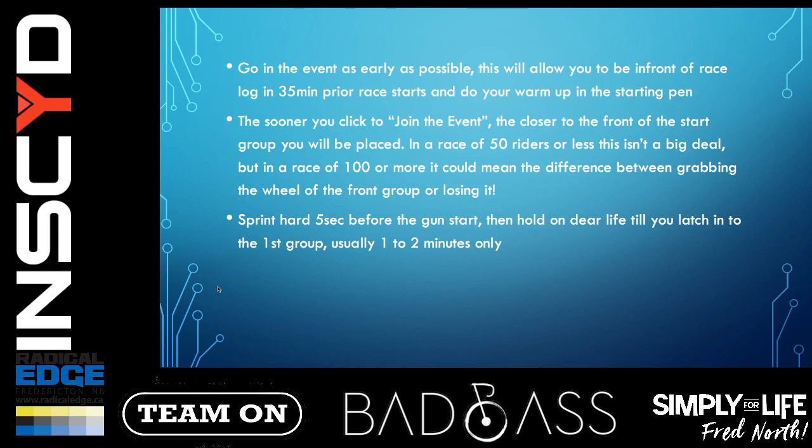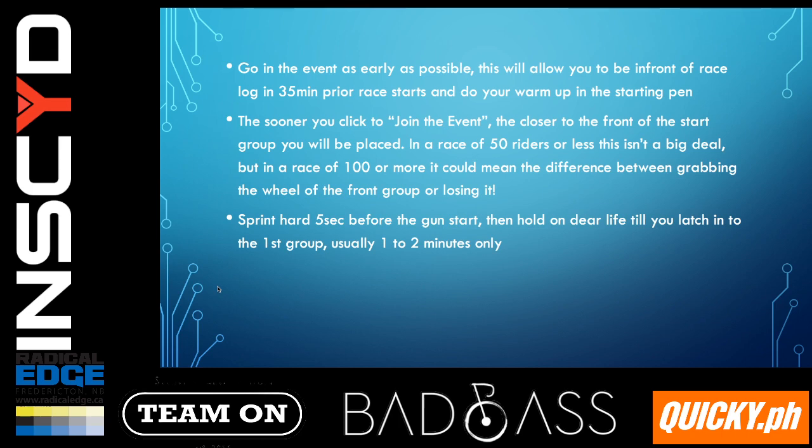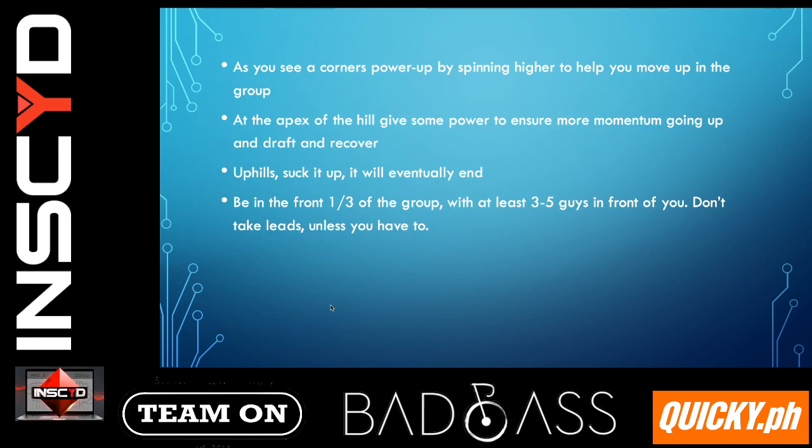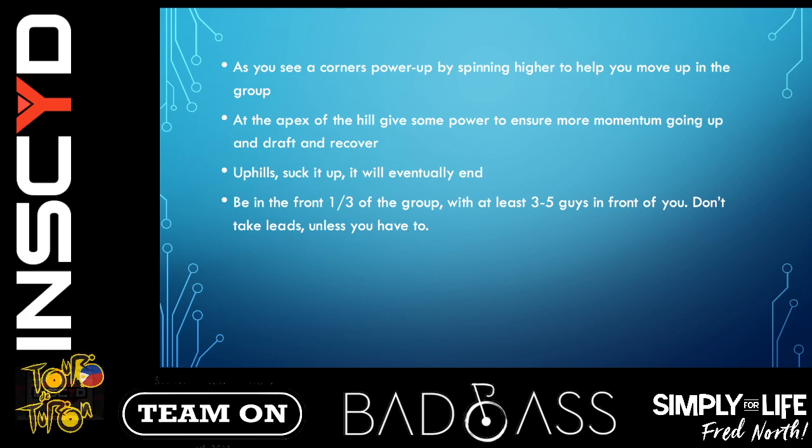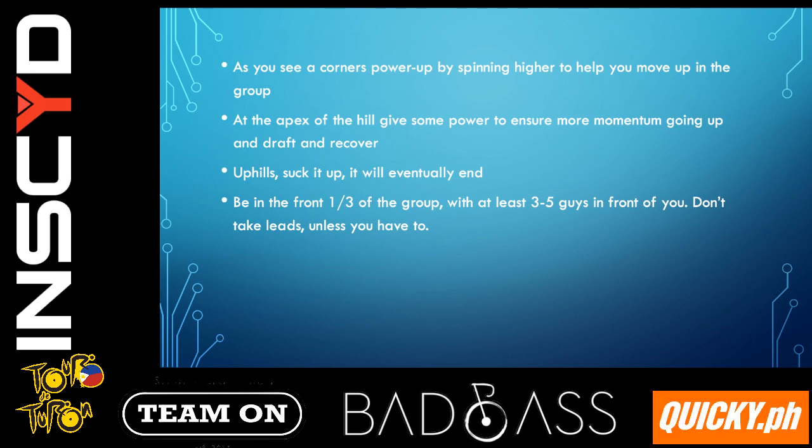So it takes 1 or 2 minutes, sometimes longer, but you just have to hold and hold it. Then if you see corners in Zwift, spin higher, give more power. What will happen is it will give you a bit of a slingshot, so it will push you forward into the group. Then ease off and draft.